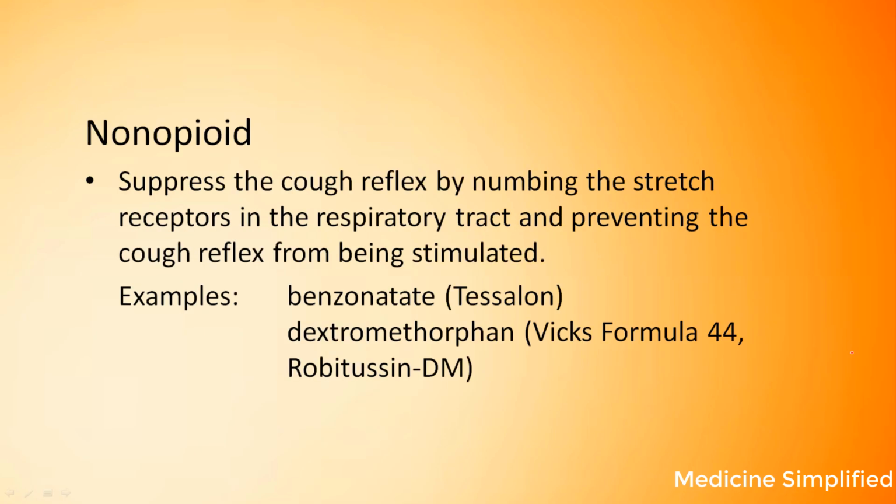Non-opioid drugs suppress the cough reflex by numbing the stretch receptors in the respiratory tract and preventing the cough reflex from being stimulated. So opioids act on the medulla and non-opioids act on stretch receptors in the respiratory tract. Examples include benzonatate, dextromethorphan.